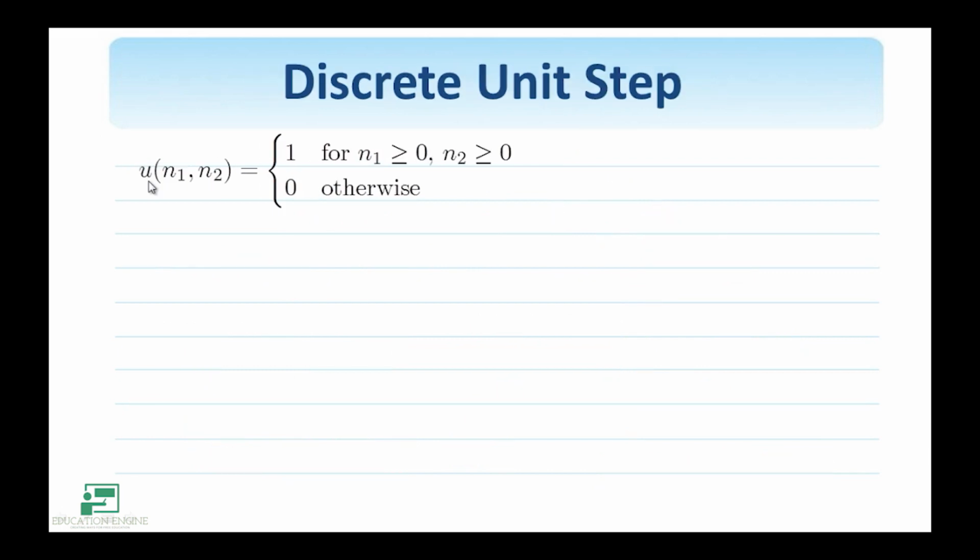Another useful function is the discrete unit step. It's denoted by u, and by definition it's equal to 1 as long as its arguments are non-negative. So N1 is greater or equal than 0, and N2 is greater or equal than 0. If I'm to sketch it here, it is again 1 as long as N1 is greater or equal than 0, but also N2 greater or equal than 0.